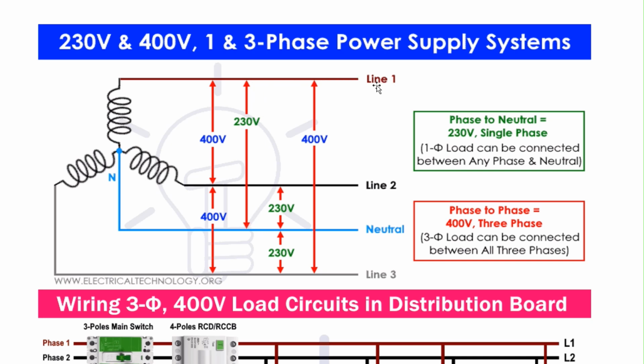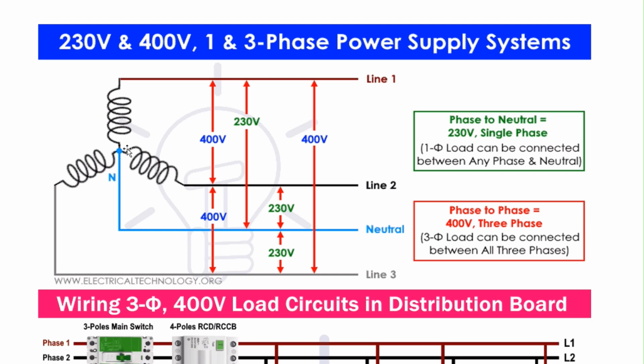So you have three lines, line 1, line 2, and line 3, and you have a neutral, which is the center of the star connected coil. In a balanced three phase voltage supply, this neutral will be at zero potential, zero voltage.